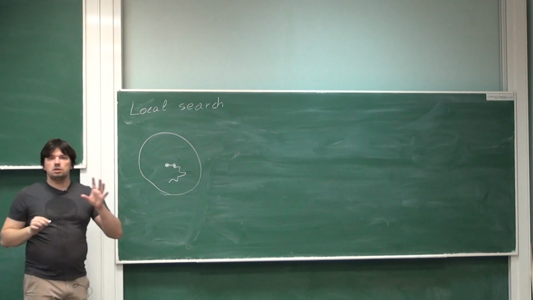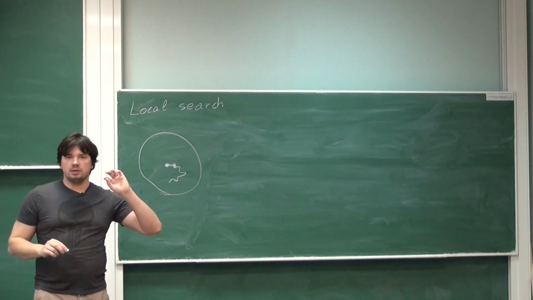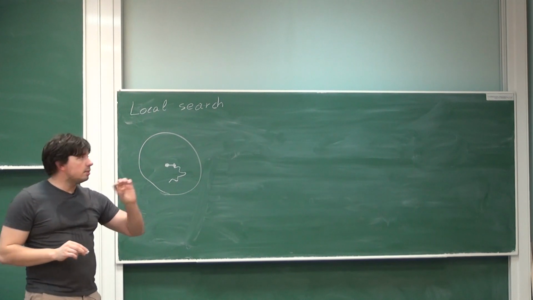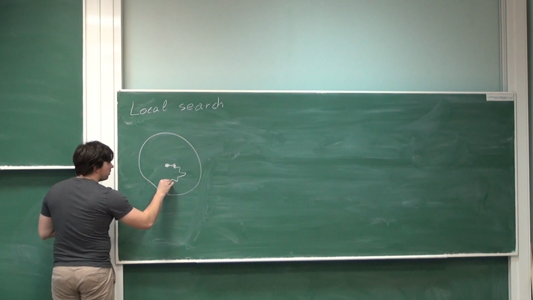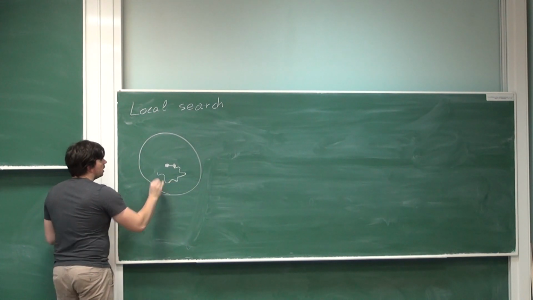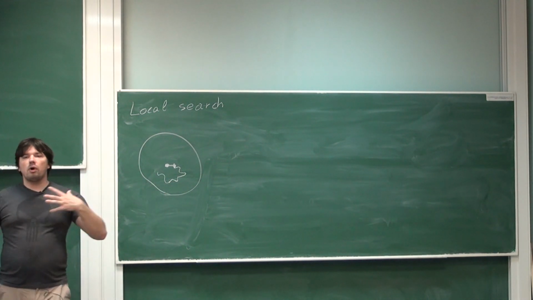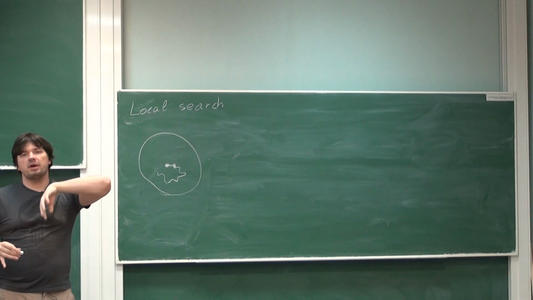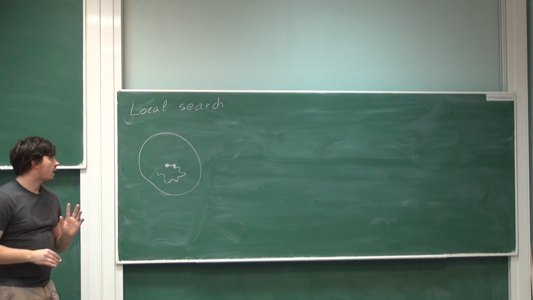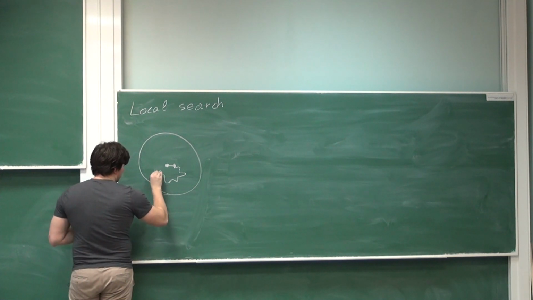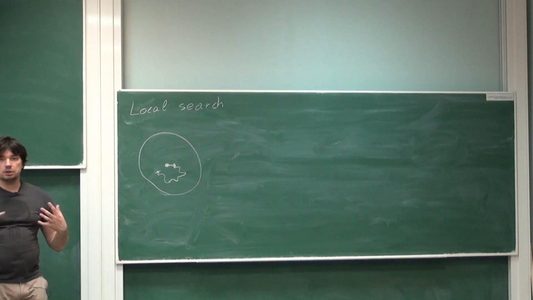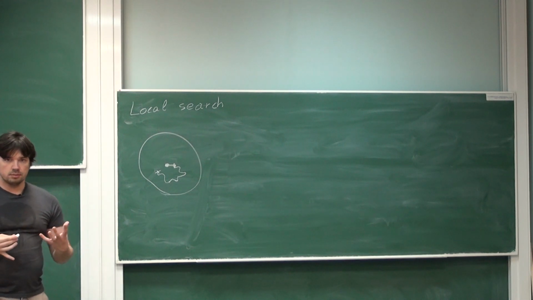Every time I'll just change my candidate, my potential solution, a little bit. So I start walking through this search space, not one by one, but every time modifying my solution a little bit. And then eventually hopefully I will find the actual correct solution.